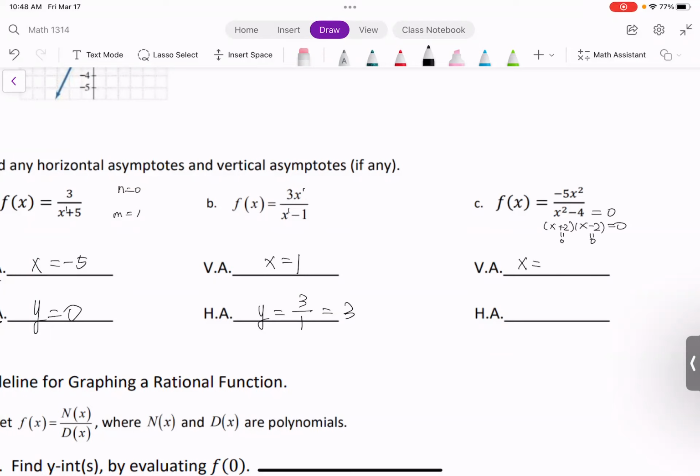We have 2 vertical asymptotes: x equals -2 and x equals positive 2. And looking for the horizontal asymptote, compare the degree of top and bottom. They have the same degree, so y is the ratio between 5 and 1. So the horizontal asymptote is y equals 5.